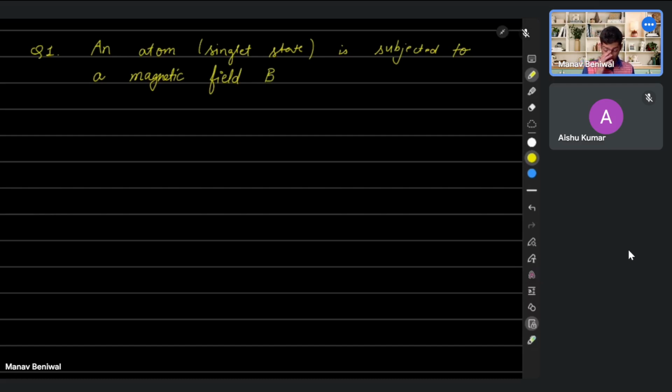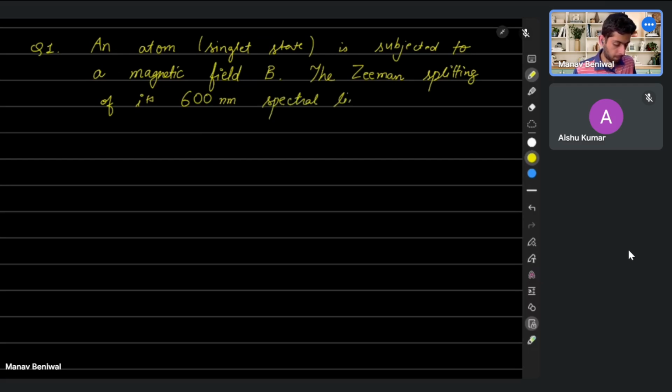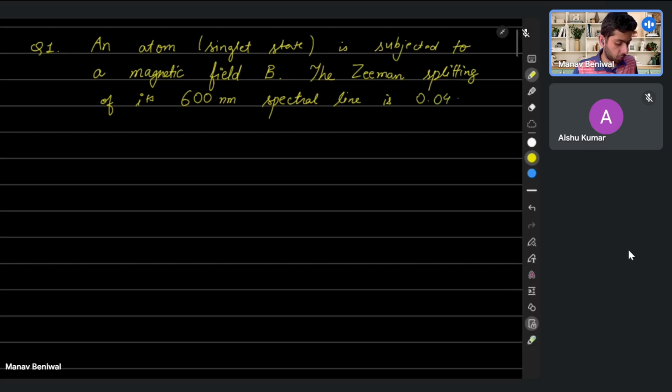The question is: the Zeeman splitting of its 600 nanometer spectral line is 0.04 nanometers.